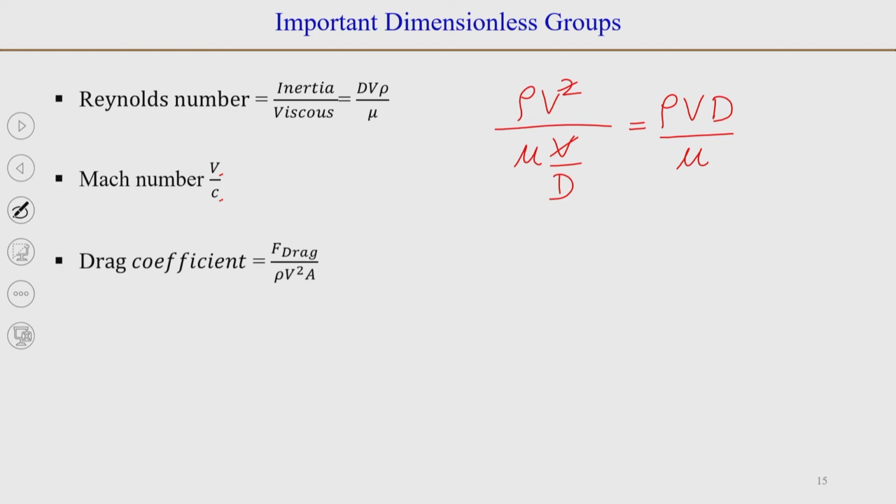Drag coefficient is again a ratio of stress, it can be viscous stress, it can be normal stress, pressure, to rho v squared. So, stress is basically force over area. So, we will have force over area divided by rho v squared.